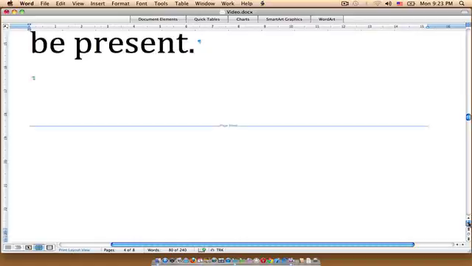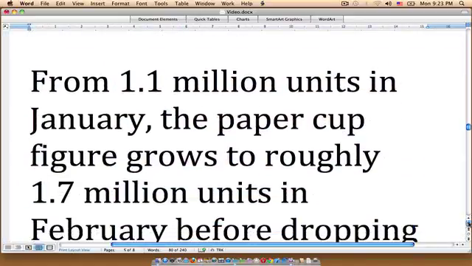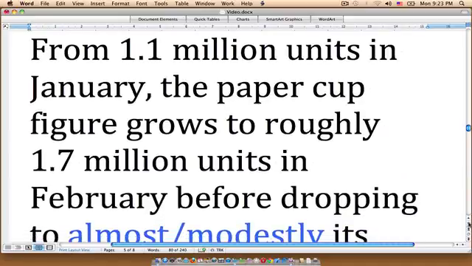Now that finishes the introduction portion, the overview paragraph of our response. Let's get to the first analyzing paragraph, which will talk about paper cup production at this factory.